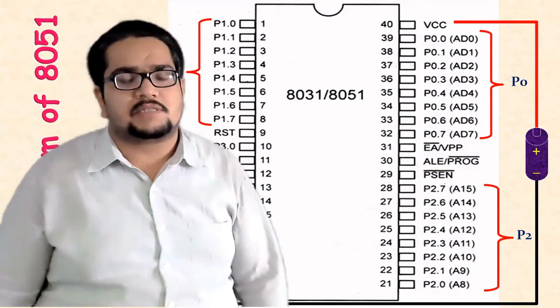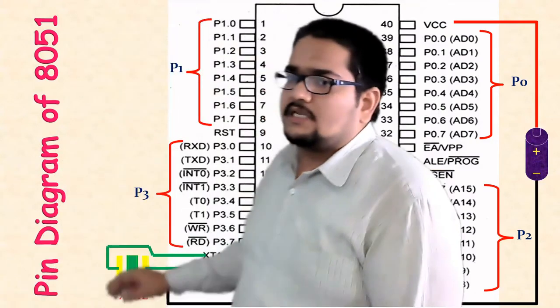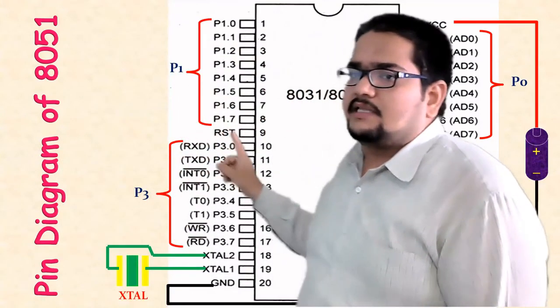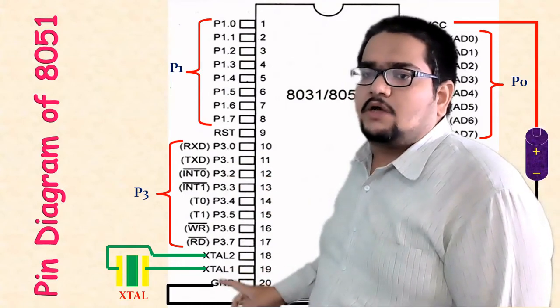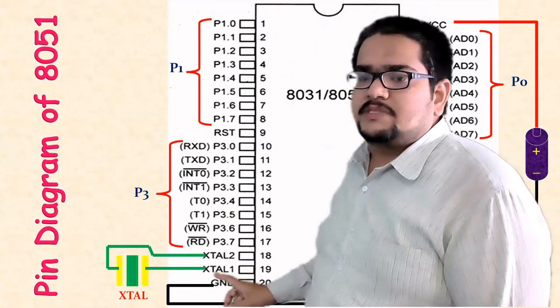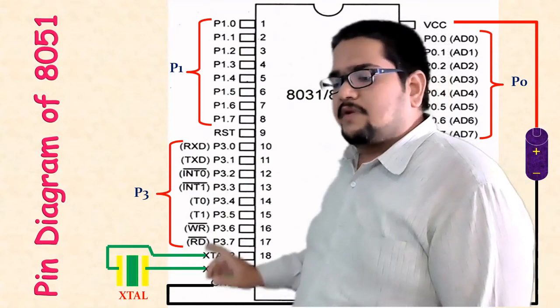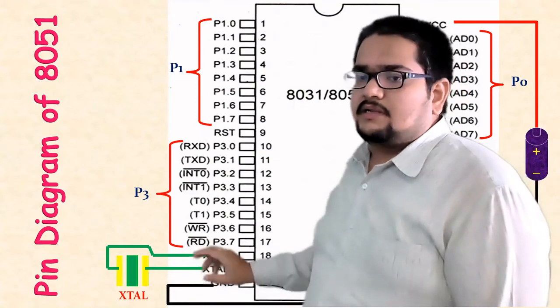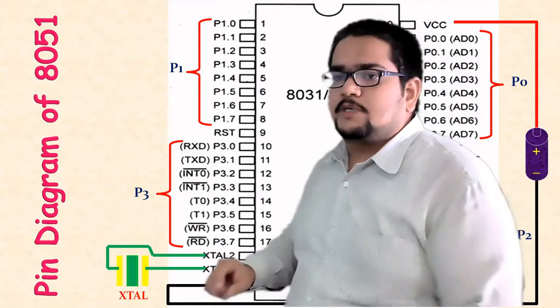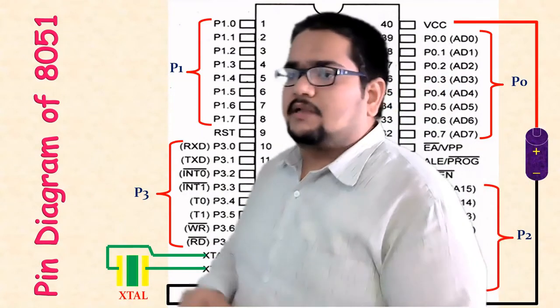Along with these 3 signals, there are another 3 signals on this side. We have reset at pin number 9, and these 2 XTAL pins, which are used for connecting an oscillator from an external source. A crystal oscillator of any particular frequency can be connected in this manner, with 2 capacitors in the complete configuration.